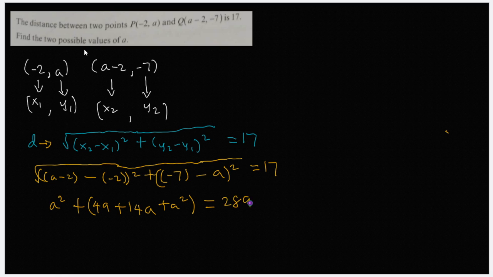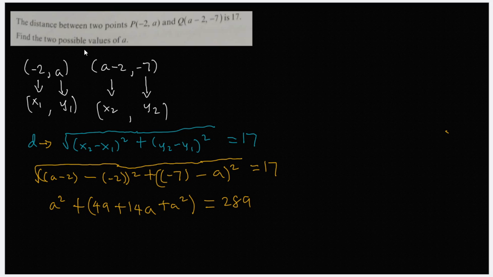We were able to eliminate the square root by squaring it, so that becomes 289 over 17. Now let's evaluate this.